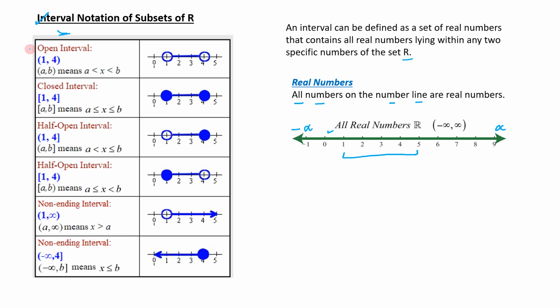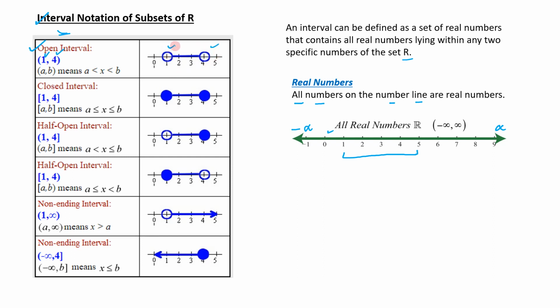The first among them is the open interval. So what is an open interval? In order to understand an open interval, let us take two numbers 1 and 4. On the number line, an open interval will be represented in this way.